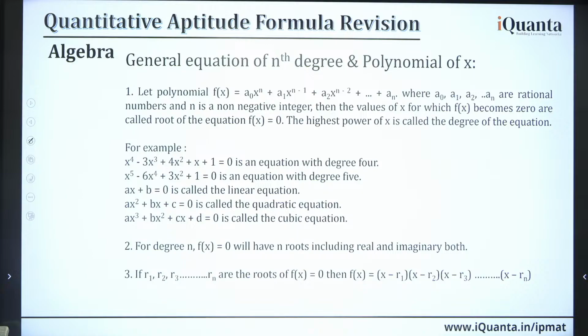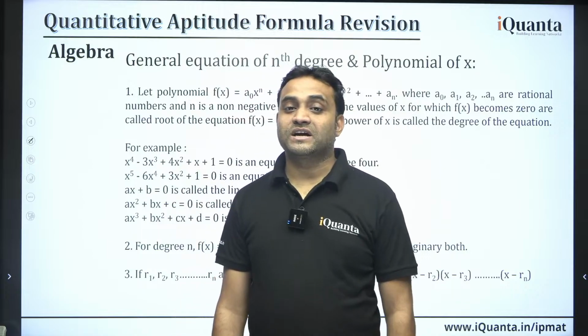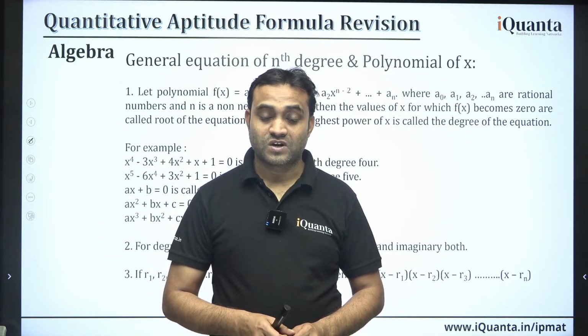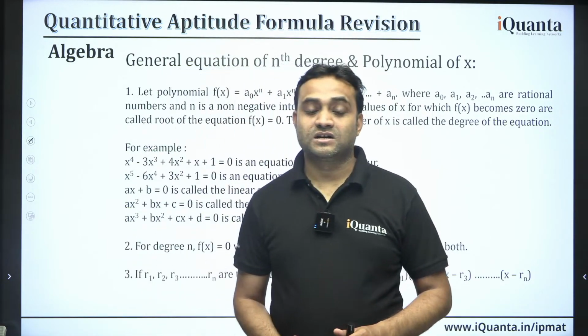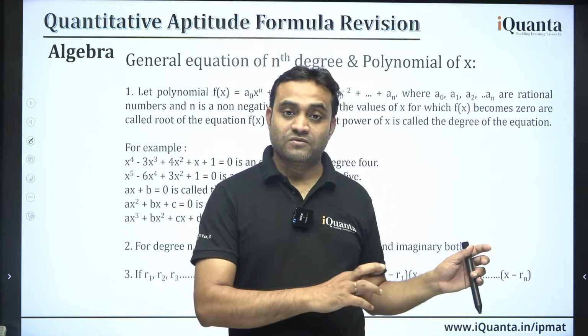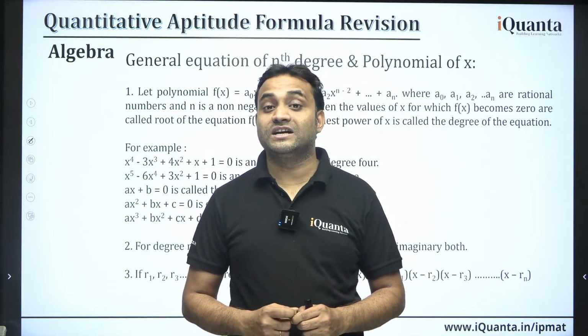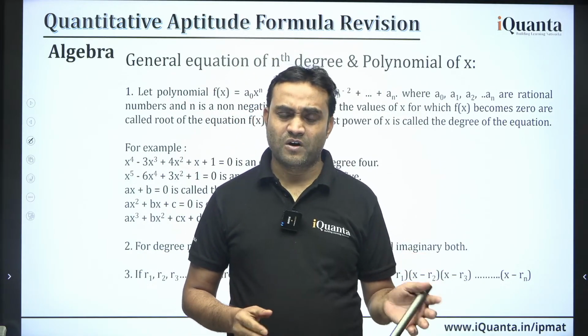Okay, see, out of 33 questions, if you are able to attempt only 3-4 questions, that means clearly you have not practiced well, right? And you have conceptual problems in every topic. So what I will suggest is that you try to cover all the quant formula revision sessions that we have taken till now, and those sessions are of 1.5 hours.